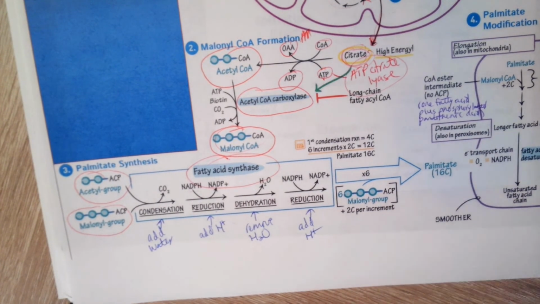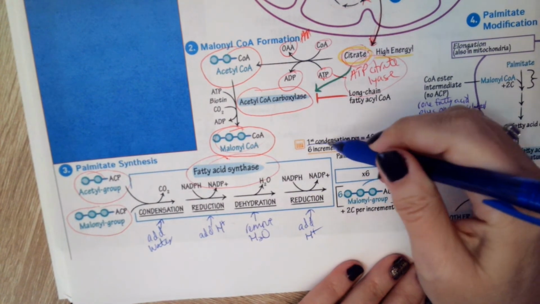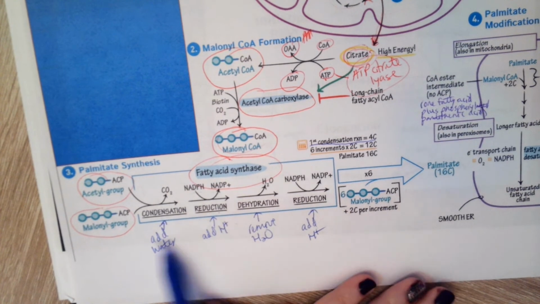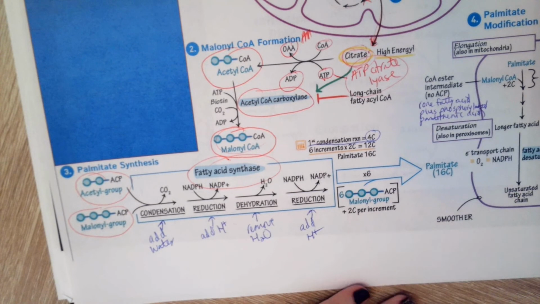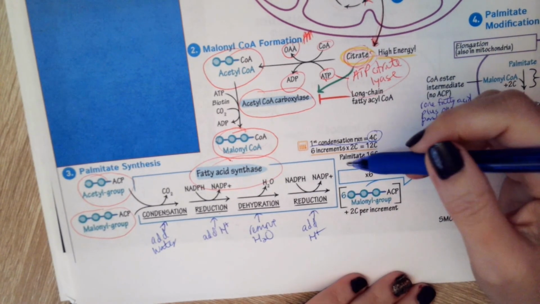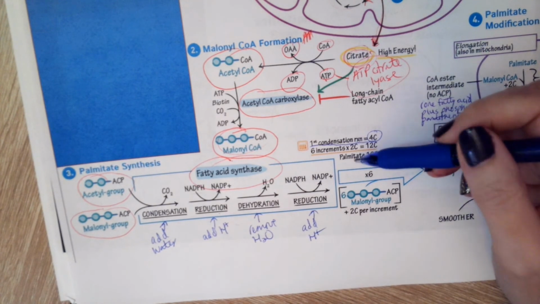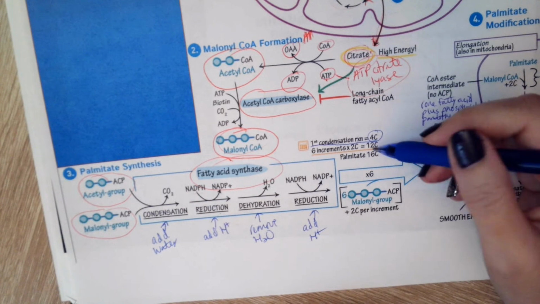Okay, so what this gives us. The first time we run that condensation reaction, so this water adding part, we're going to get 4 carbons out of that. Then everything else is going to happen 6 times, and each time it happens, it adds 2 carbons.